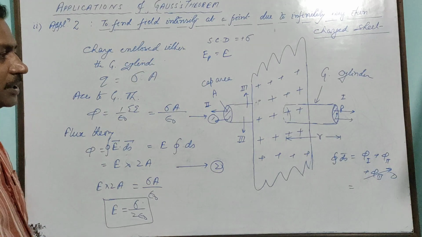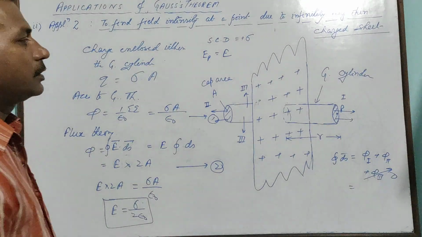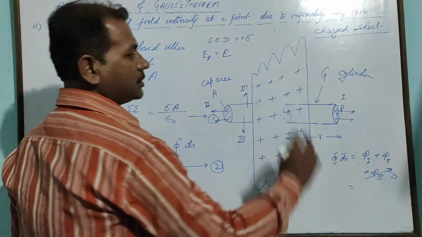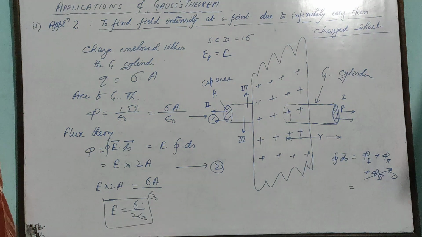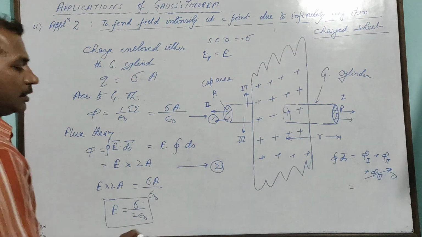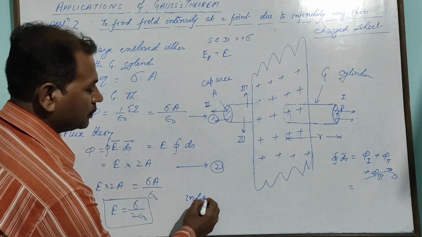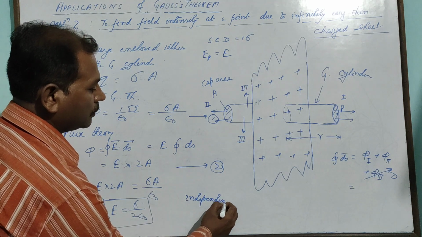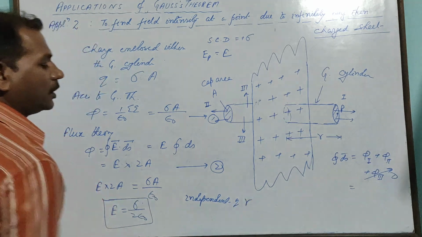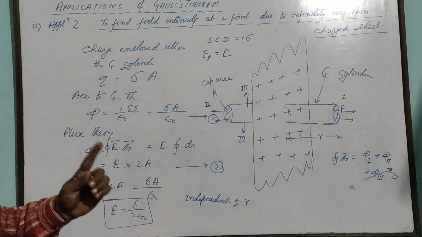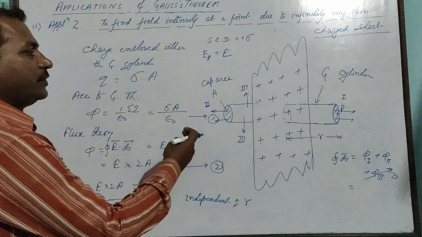You are observing here that the field intensity does not depend upon the distance of the point. That means here it is independent of distance, independent of r. So you cannot plot a graph between E and r.